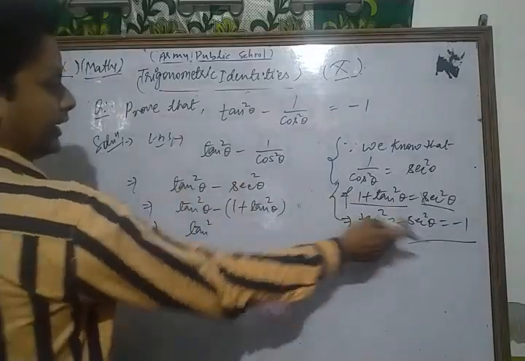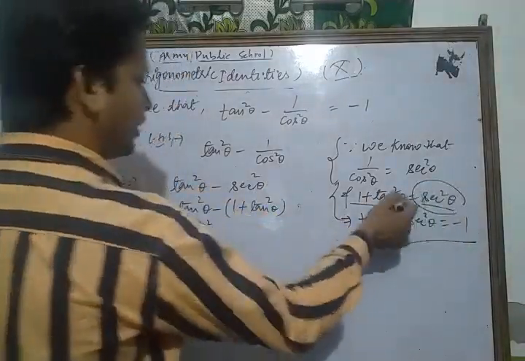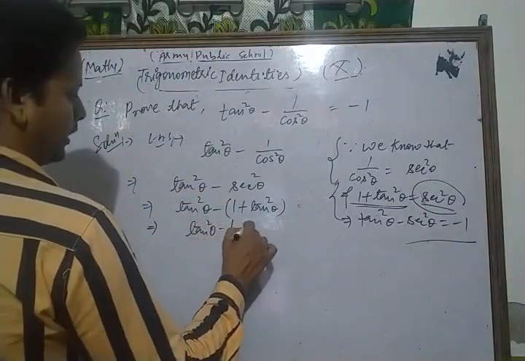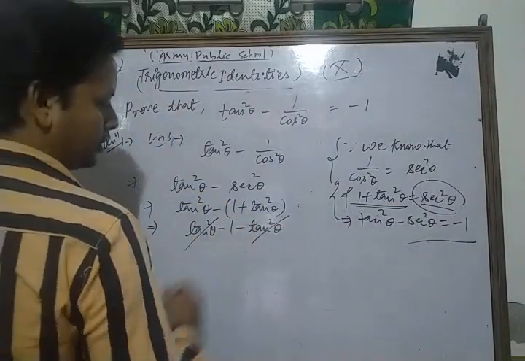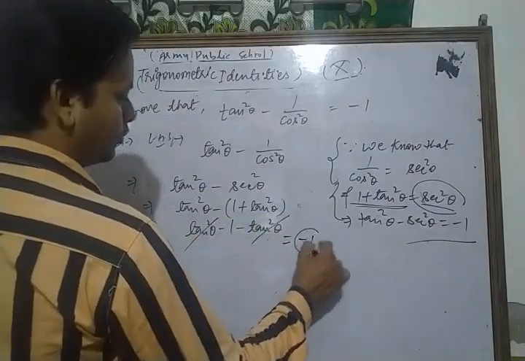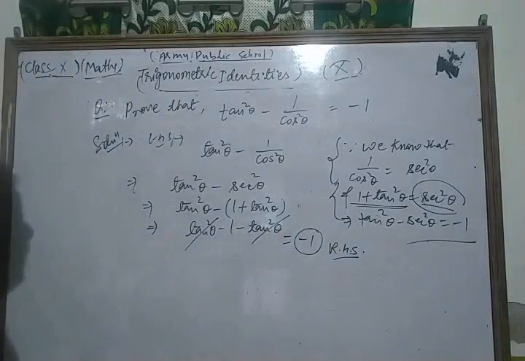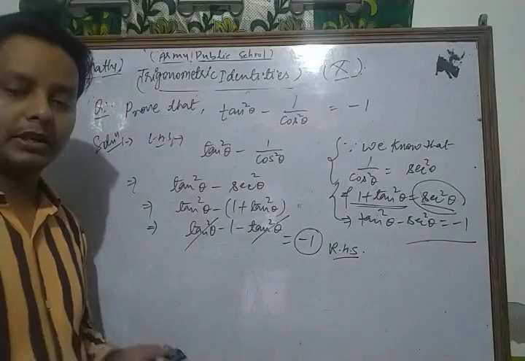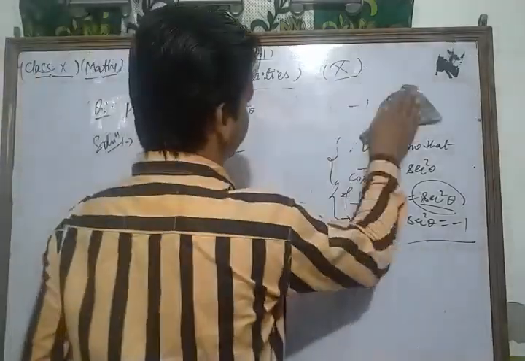We have tan square theta minus 1 minus tan square theta. So tan square cancel each other. We have minus 1. That is RHS. Okay, so in this way you can solve that type of question. Now we take and solve some other important question based on that topic. Let's see.